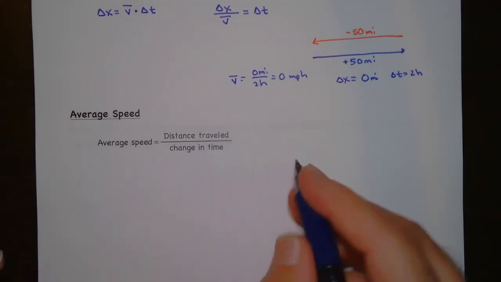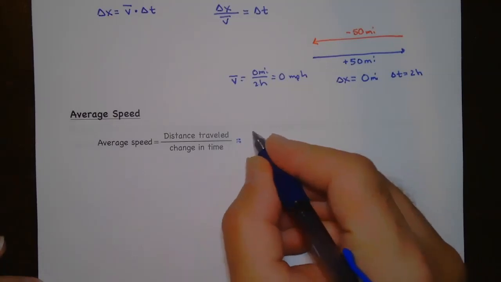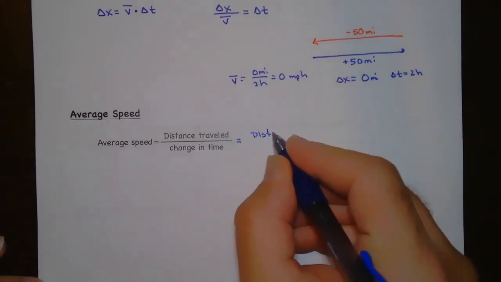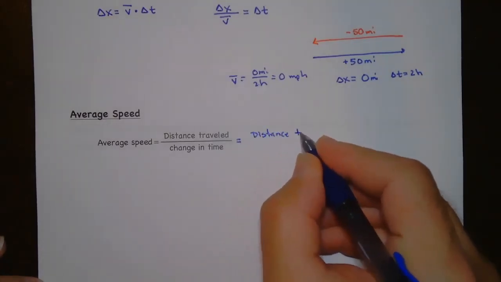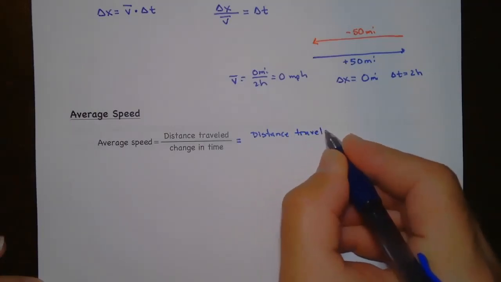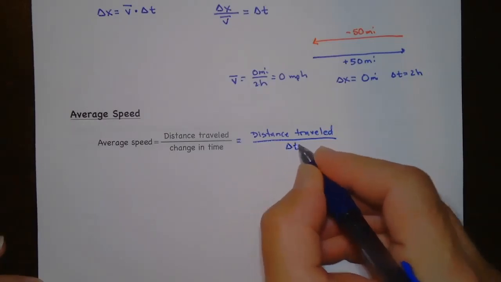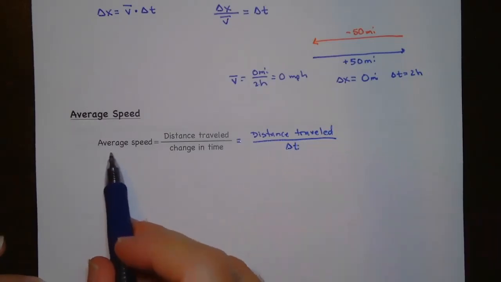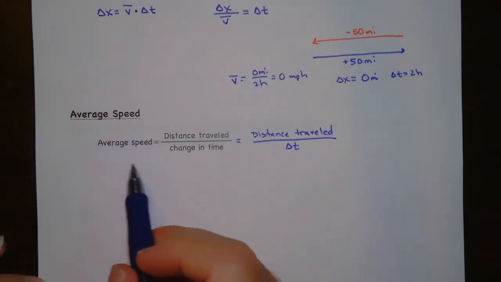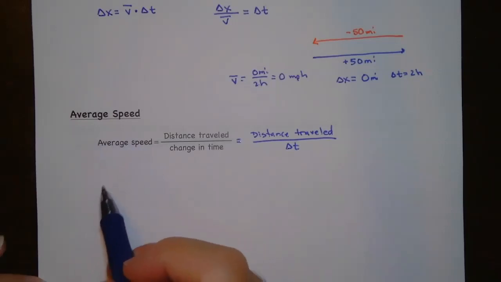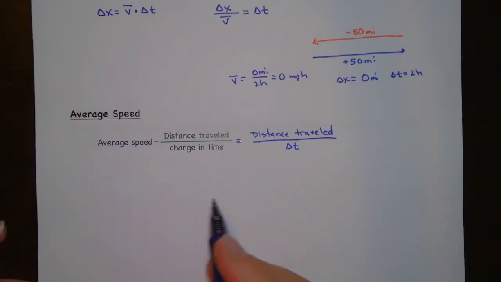So we could say equals and then write distance traveled over delta T. And there's really no symbol that I'm aware of for average speed, okay? There is for speed, but not average speed, okay?